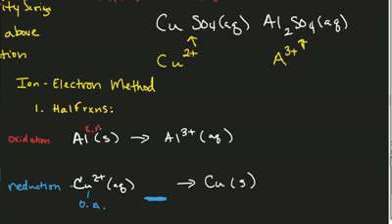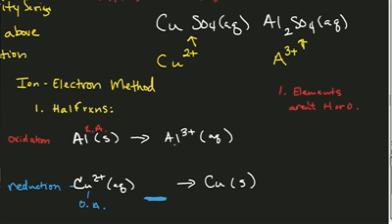Good. All right, so now at this point, what do we have to balance? What's the first thing we balance? Okay, well, there's actually a few steps before the electrons. In this case, those steps don't apply. First, you should balance the elements that aren't hydrogen or oxygen. In this case, aluminum's balanced.